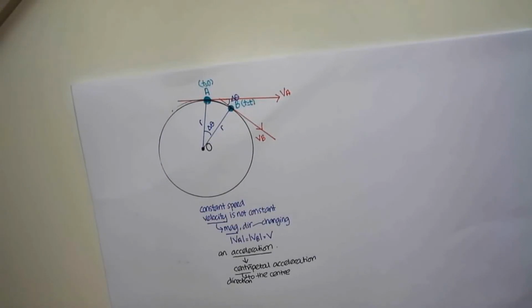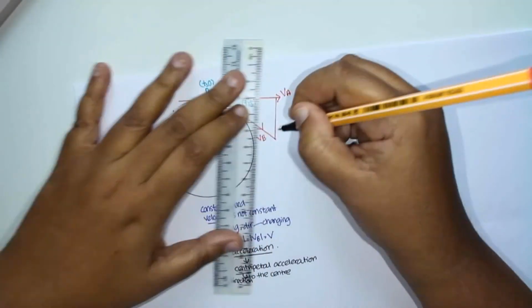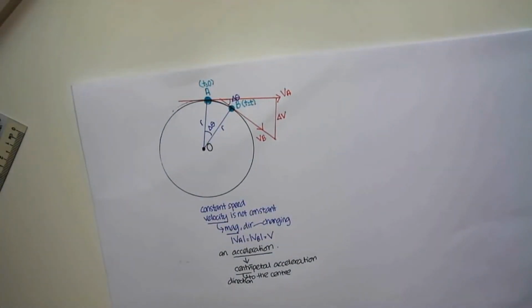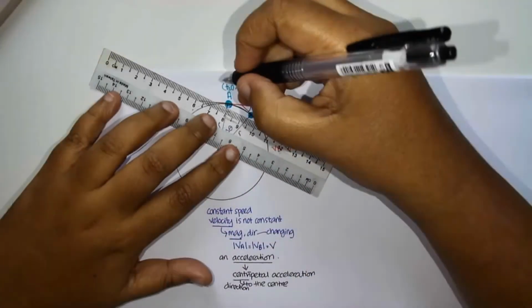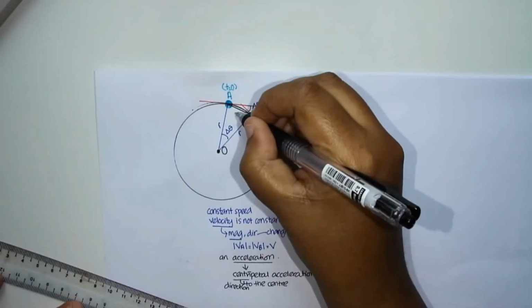That means this one is delta V, and this one is delta S.